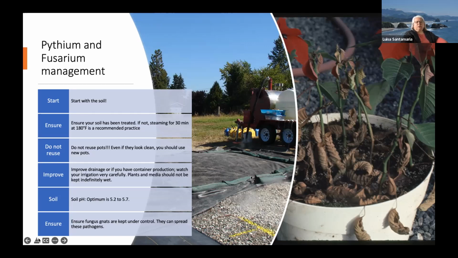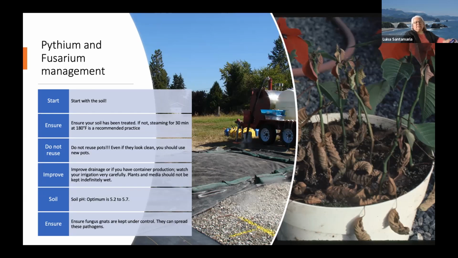Improve drainage in any container production. Watch irrigation: check the irrigation needs of the plants, and don't mix plants that need more and less water. So consider the irrigation practice and system, and the way you put together plants that need more or less water.